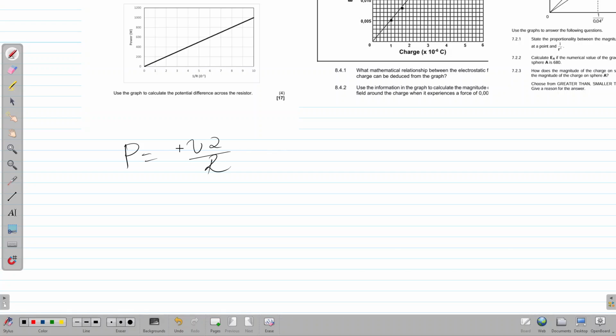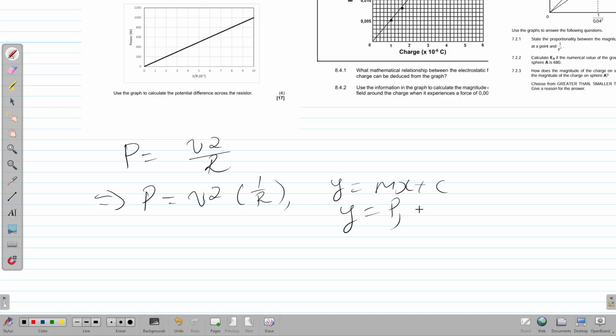The equation that relates power, voltage, and resistance is power is V squared over R. And then we linearize this, because we were asked to use this graph. Power is equal to V squared into 1 over R. Now it's in the form y is equal to mx plus c, where our c in this case is 0, with y being P, the gradient being V squared, and our x being 1 over R.